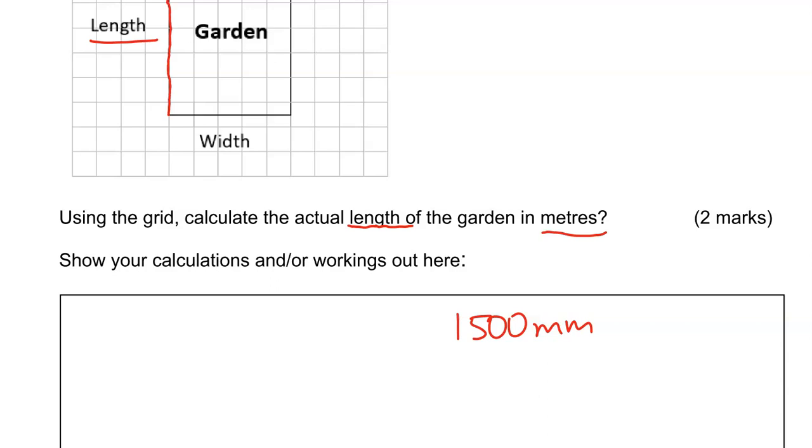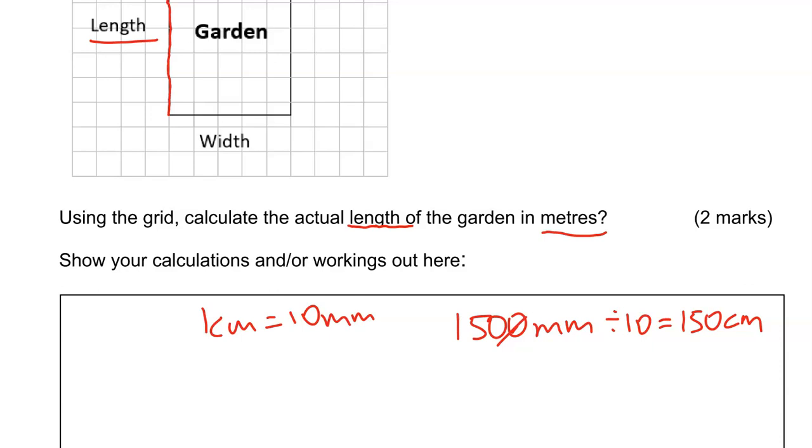So in 1 centimeter there are 10 millimeters. So if I divide 1,500 by 10, it just gives me 150, so knocking off a 0. So that is 150 centimeters.